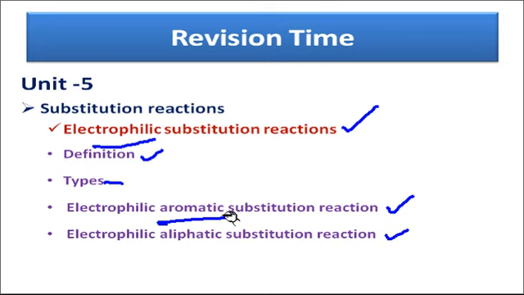Then we learned about the electrophilic aliphatic substitution reactions, which, similar to the nucleophilic substitution reactions, are mainly of three types: SE1 reaction, SE2 reaction, and SEi reactions.